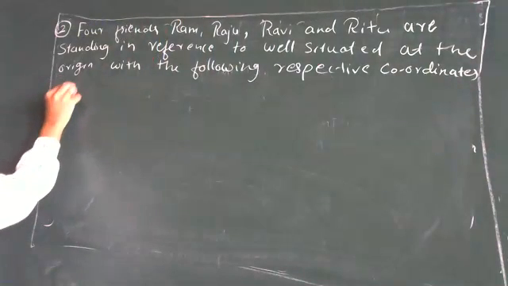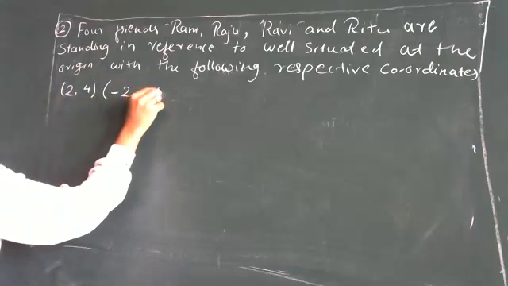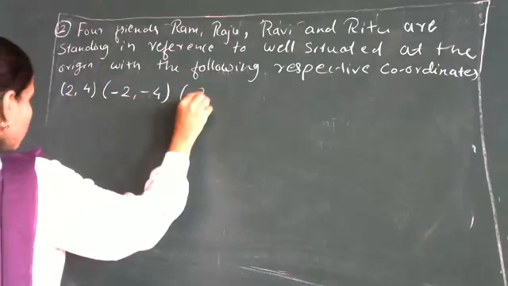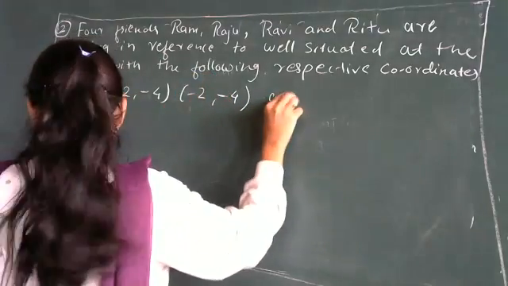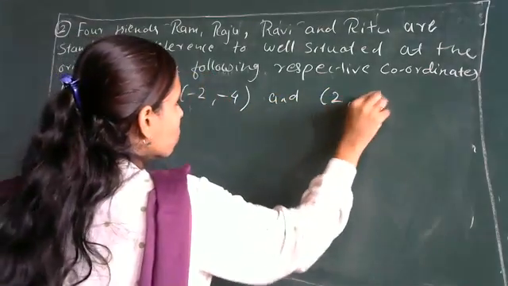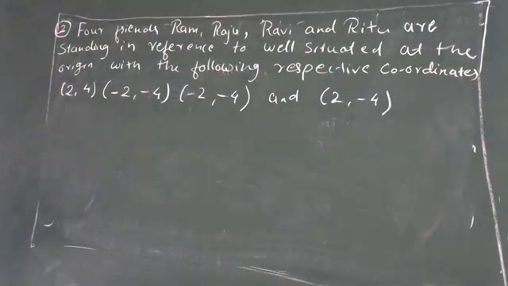And coordinates are given: 2, 4; minus 2, 4; minus 2, minus 4; and 2, minus 4. These are the coordinates related to four friends, how they are situated.